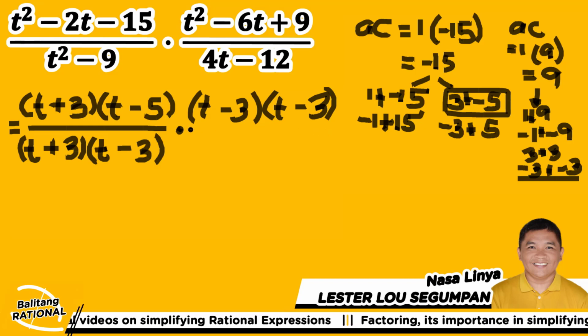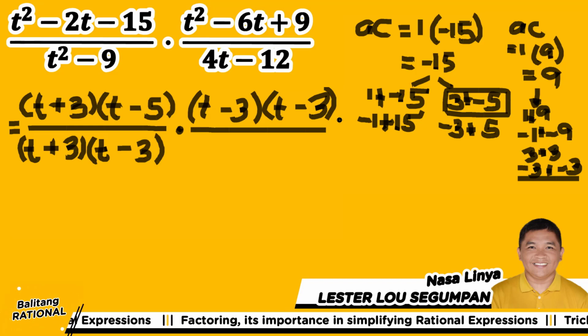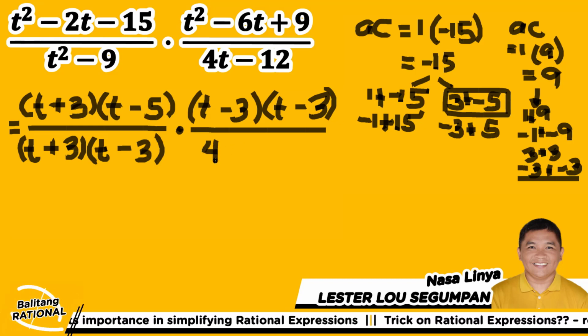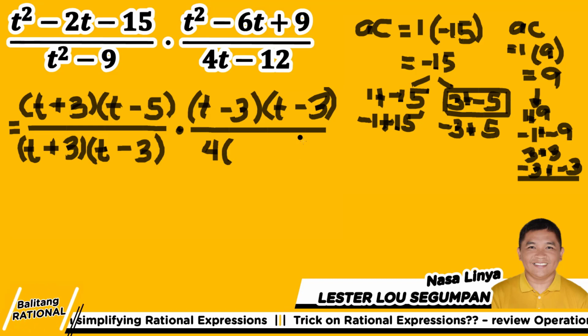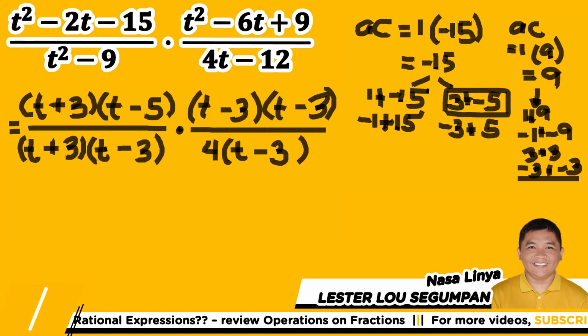And finally, for our denominator here, we have 4t minus 12. We just need to use the common monomial factor in here, which is 4. That's the greatest common factor. And what remains for 4t is just simply t. And for minus 12, which is minus 3.